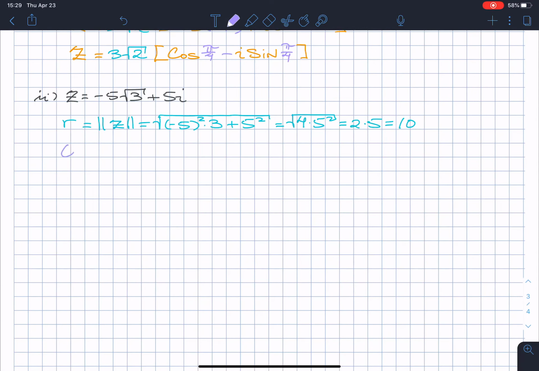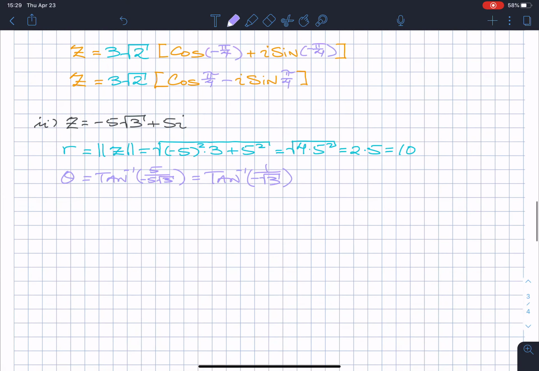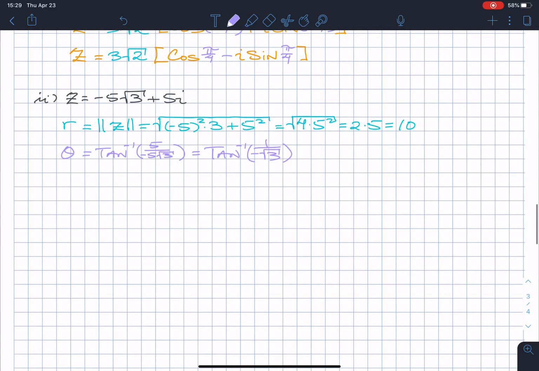The argument, theta, will be inverse tangent of imaginary part 5 over real part negative 5 root 3. So I can call this inverse tangent of 1 over negative root 3. Now, which quadrant is negative 5 root 3 plus 5i in? It's quadrant 2. So I know that my x-coordinate is negative.